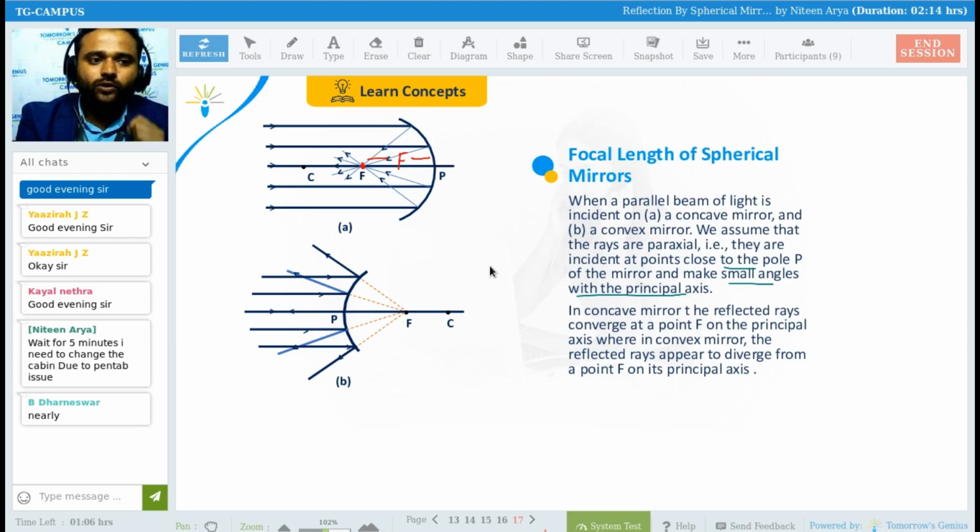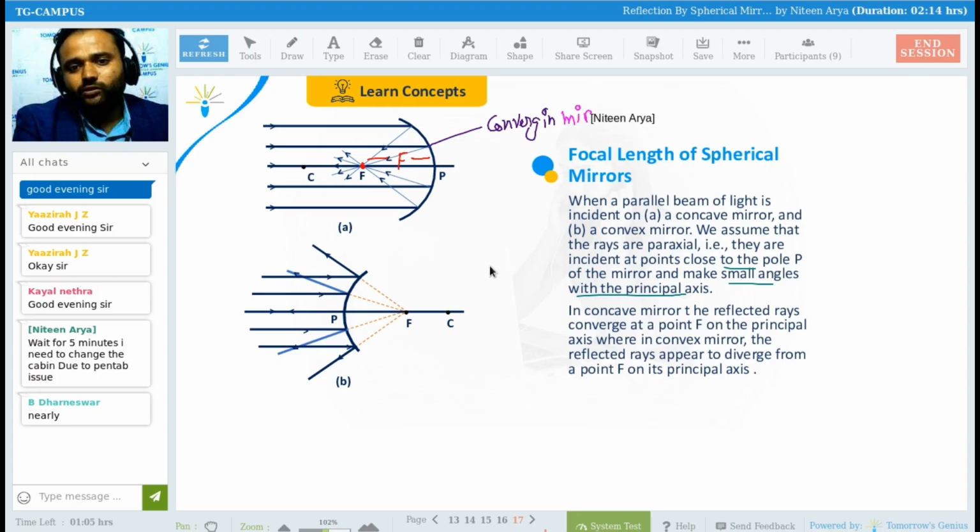Now this dotted ray is a virtual ray, or you can say it is not considered, it is not coming there. Why so? Because this is a diverging mirror and that is a converging mirror. Concave mirror is also known as a converging mirror because it is going to converge each particular incident ray.